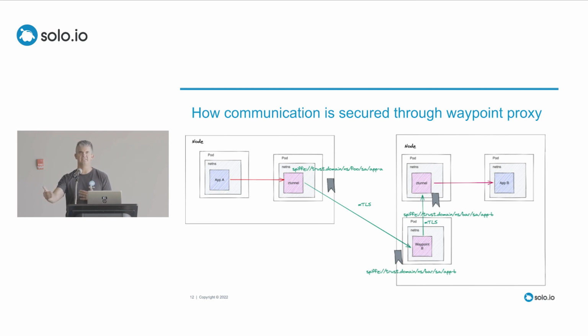And since this is the service B waypoint proxy, the identity on both sides will be for service B. Both sides will have the same identity. There'll be different certificates. If you look at the serial numbers, they'll be different. But they'll be rotated individually and all that. They both represent the same identity because it's just the B waypoint proxy talking to the B service through the Z tunnel.